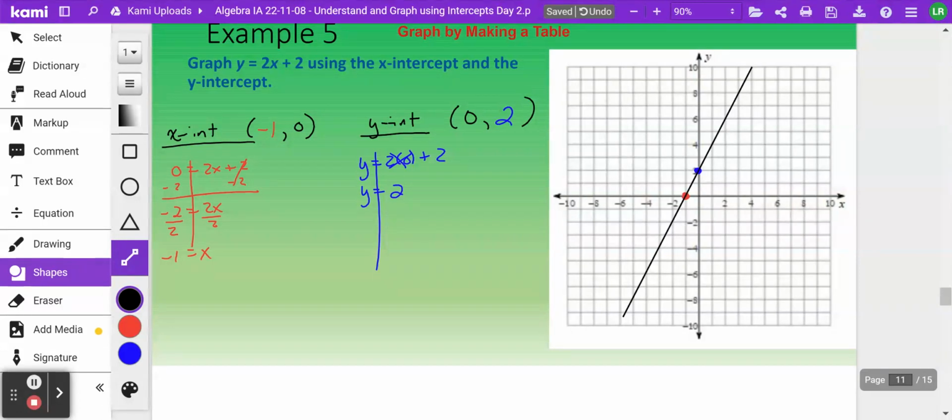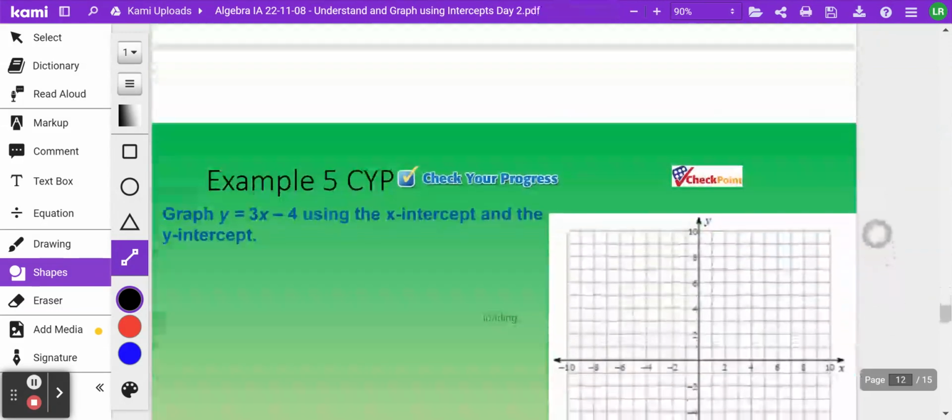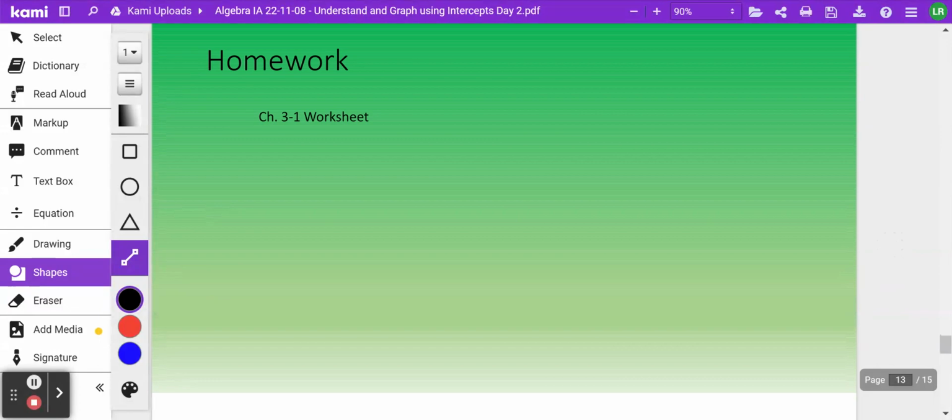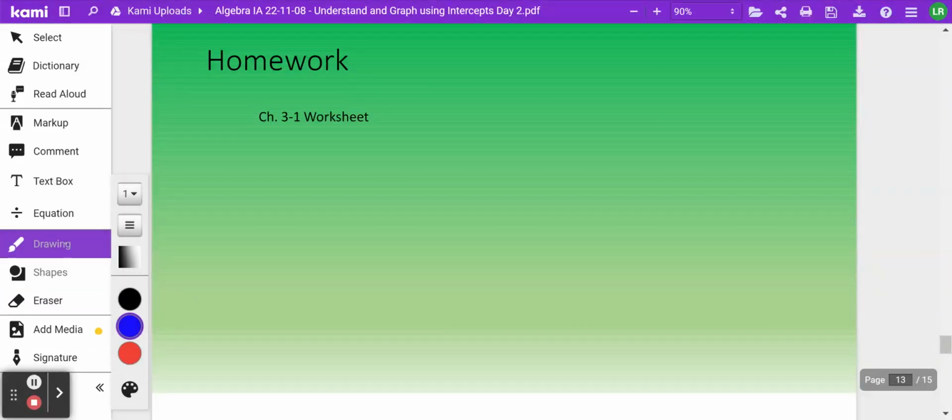Now you have a worksheet assignment that is on our Canvas page. You likely have seen it already. On that worksheet, there are 10 problems. Number 6, you do not have to do.